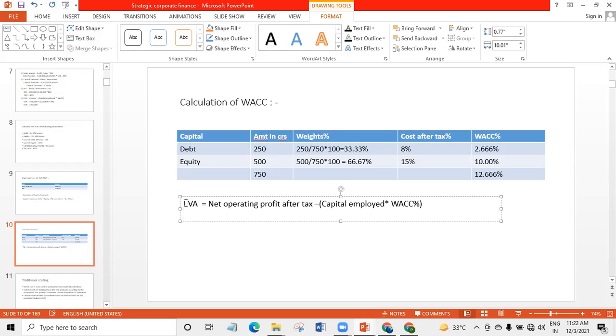Next, 55.2 minus 750 crores into 12.66. Okay, so what is the answer? First 750 into 12.666%, 94.995.